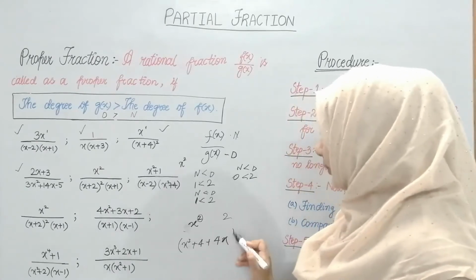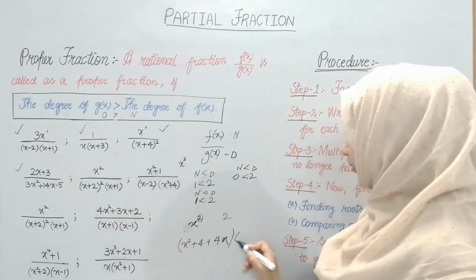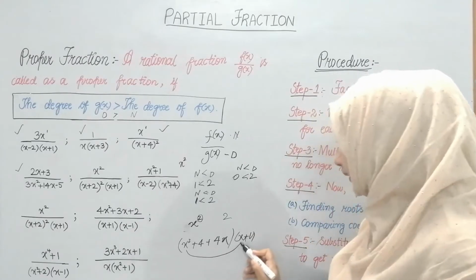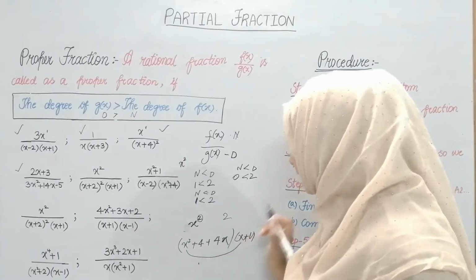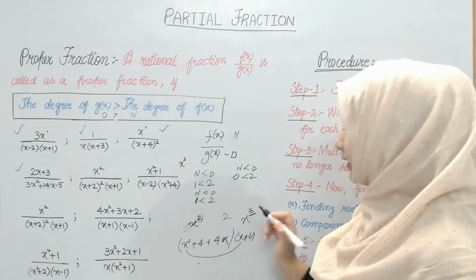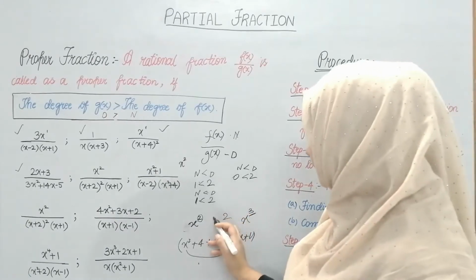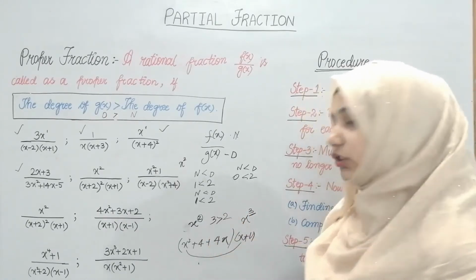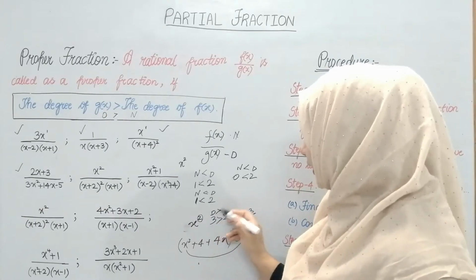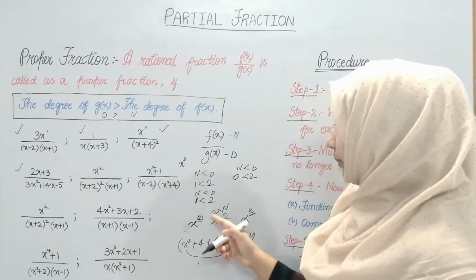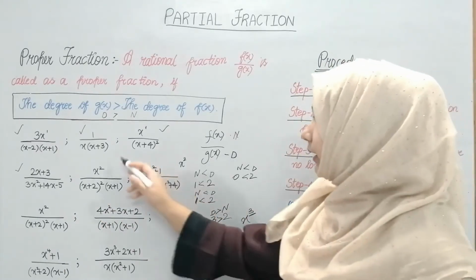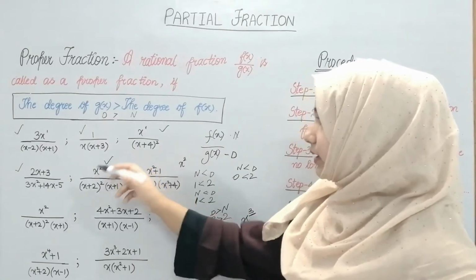Now this term will be multiplied with x plus 1 again. If you multiply x squared with x, you will get x power 3, so the degree is 3. So 3 is greater than 2. The denominator has more degree than the numerator, so this is a proper fraction.